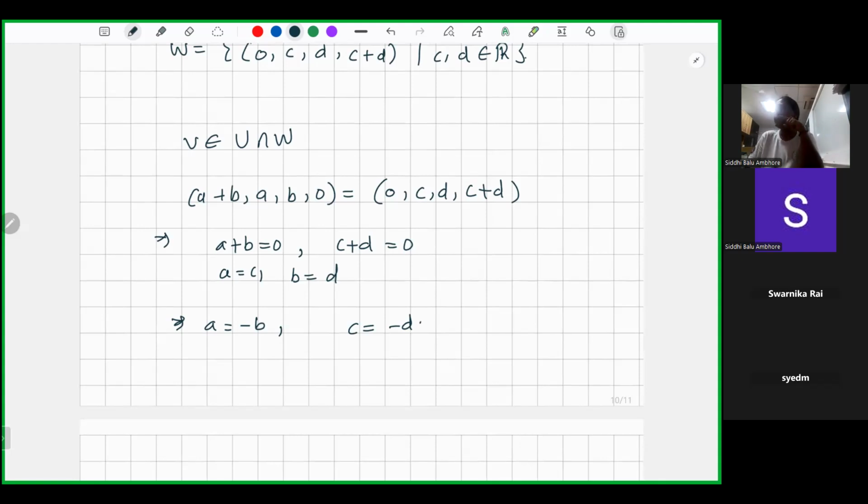I want the dimension to be 1, right? Yeah, so we are done, right? The first entry is anyway 0.